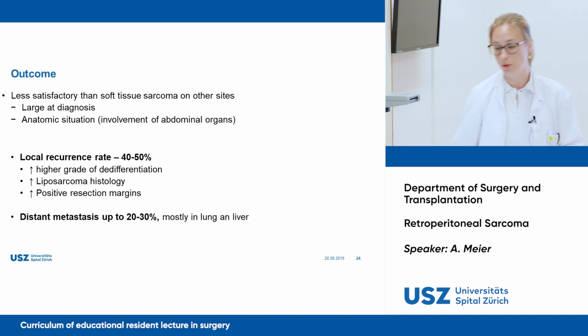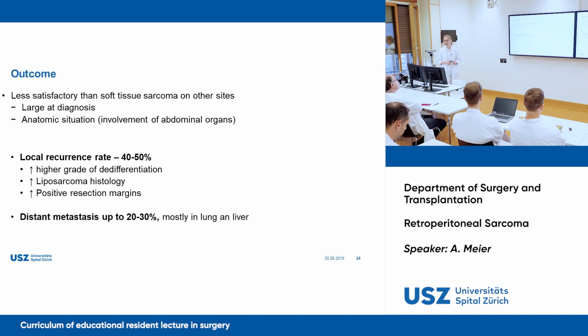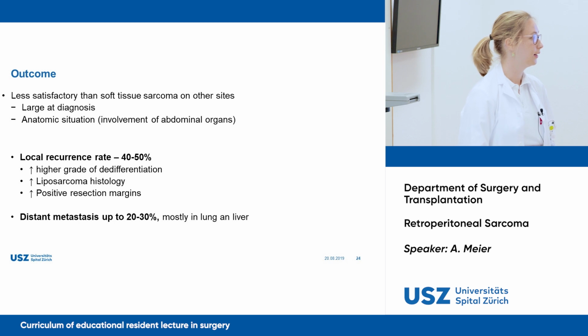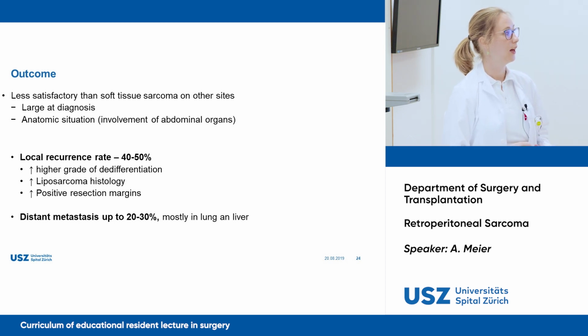We have a higher grade of dedifferentiation. This is one risk factor, and the other one is a liposarcoma with a histology of dedifferentiation and a positive resection margin. There are distant metastases in 20 to 30%, and it's mostly in the lung and in the liver.